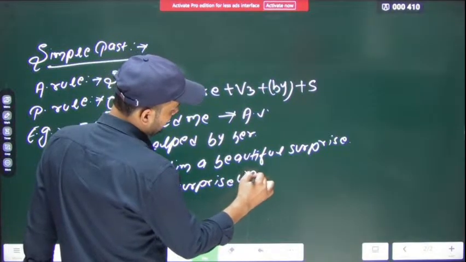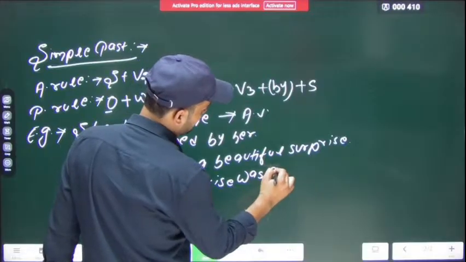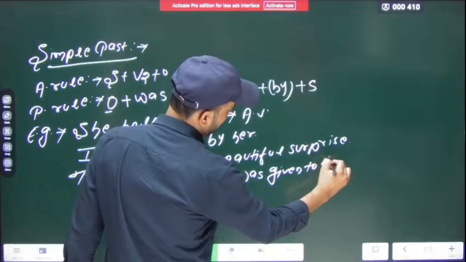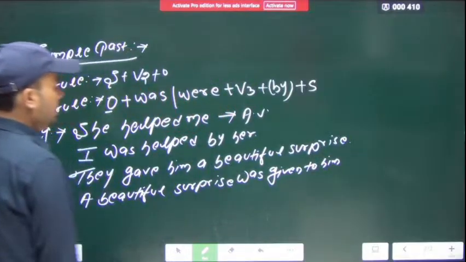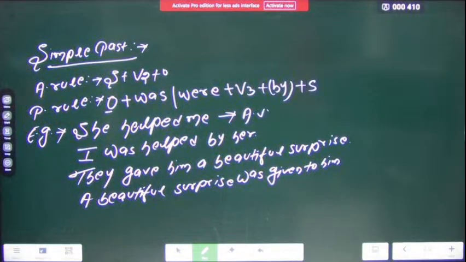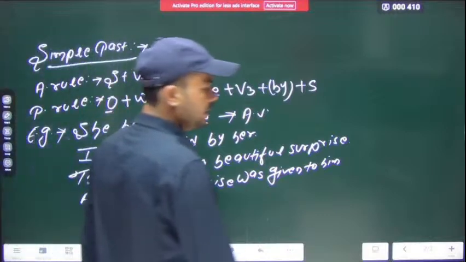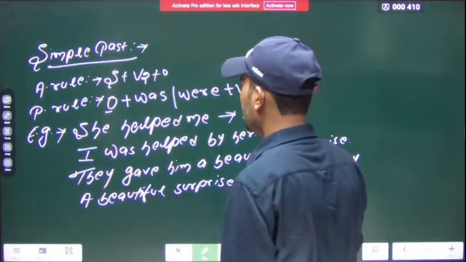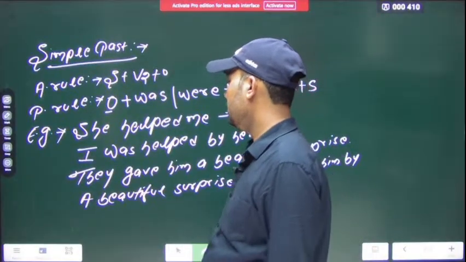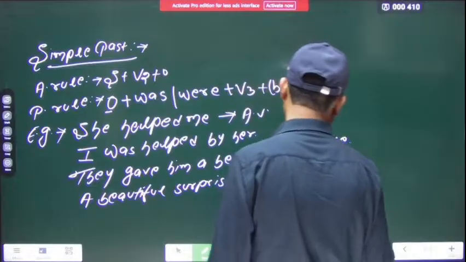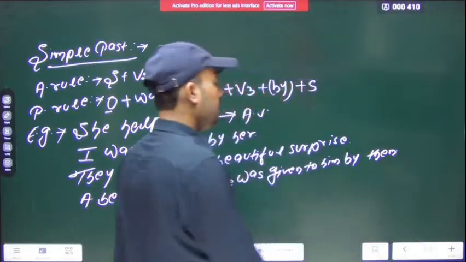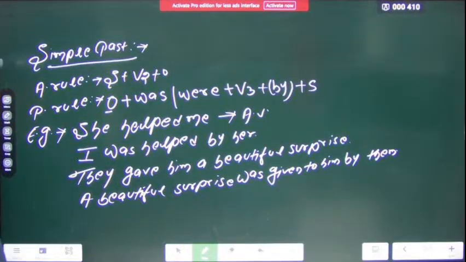A beautiful surprise was given to him. Okay, a beautiful surprise was given to him. Then after that we will write by. Next here we have to write the subject. But it's coming in the place of the object, so they will be written in the form of them. So finally our sentence is: a beautiful surprise was given to him by them.